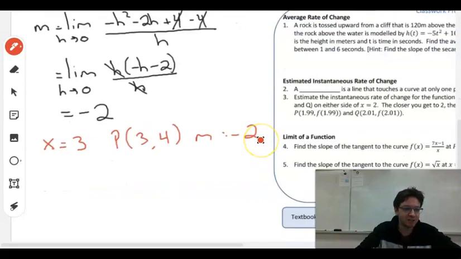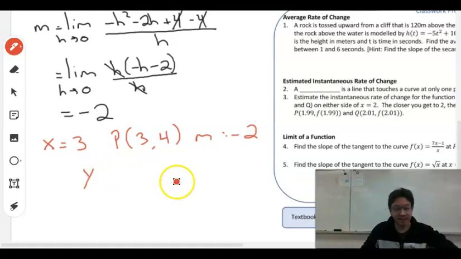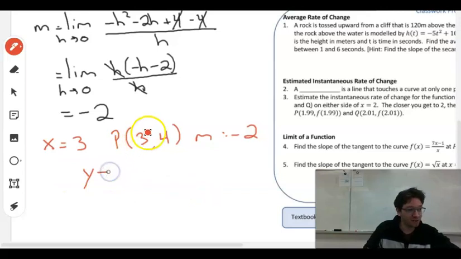Now we can just use our equation for the slope from grade 9, where we have y minus y2, which is unknown, any y, minus y1, which is a point that we know, over here, 4, so y minus 4, over any other point on the line, x minus our point p, 3. That will always be negative 2, because it's a line.